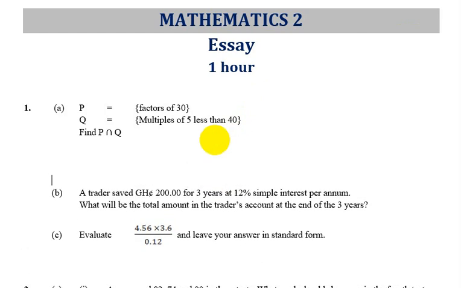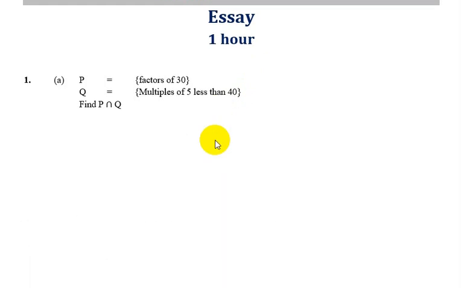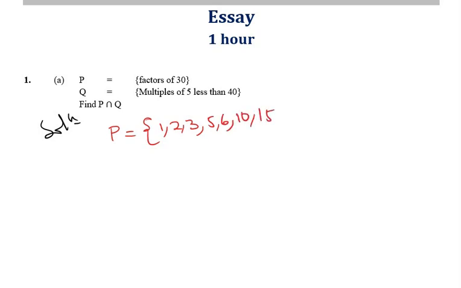So let's take the A part of it, and after that we take the B. So let's get a little bit of space over here. Now our P is factors of 30. For factors of 30, we are going to get 1, 2, 3, 5, 6, 10, 15, and 30 itself.